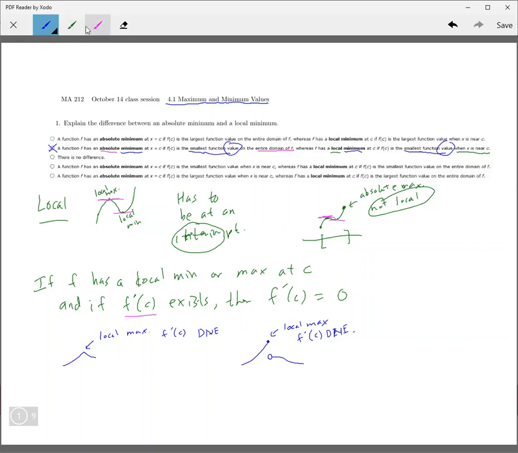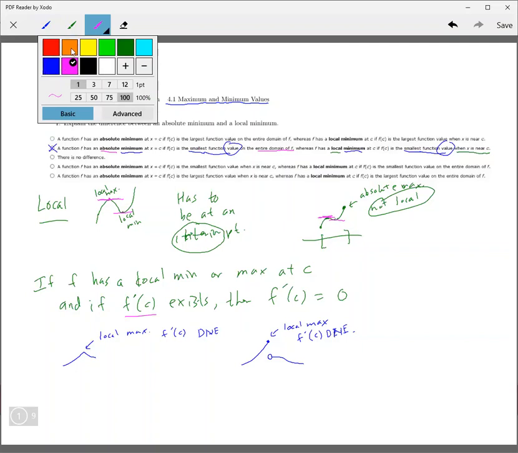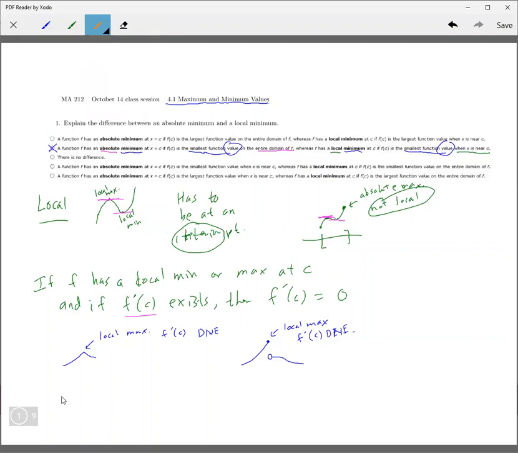This brings us to the next definition that we need to think about, and that is critical numbers. That's where the derivative is 0 or does not exist.